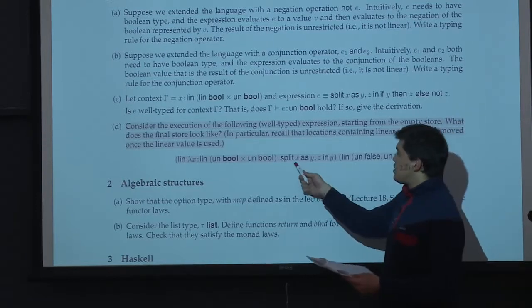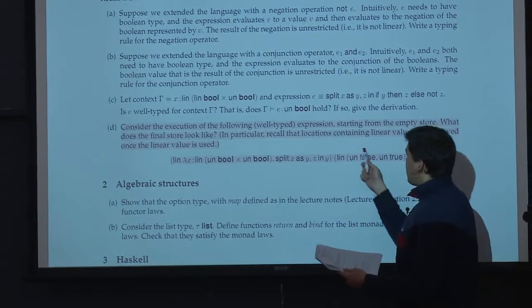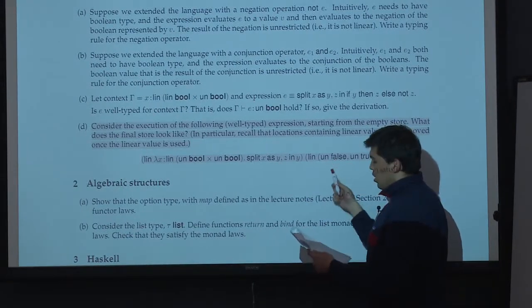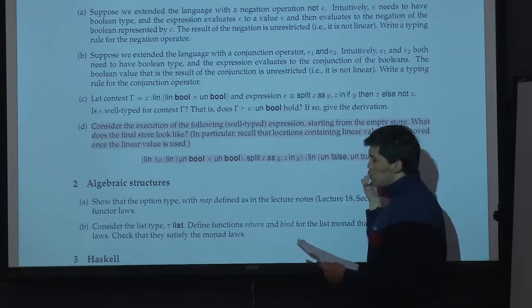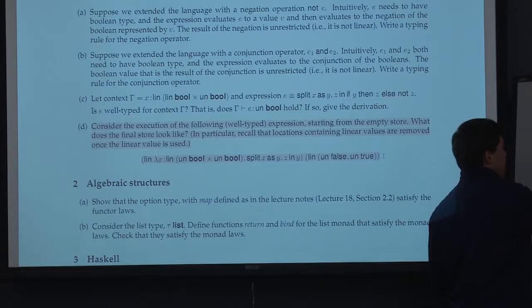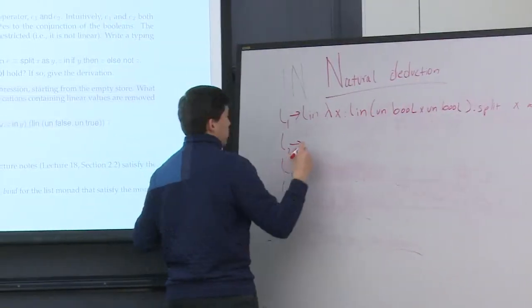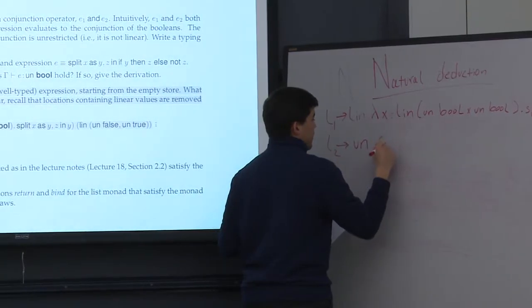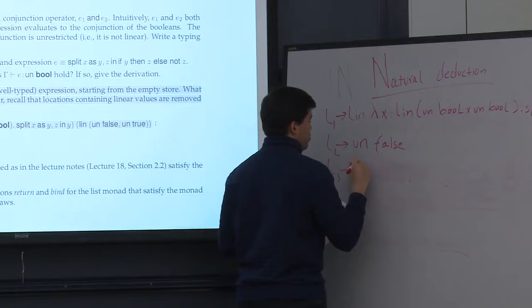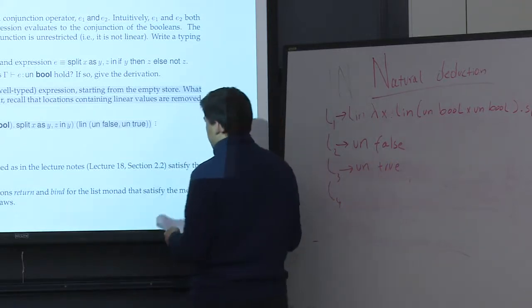So as we are asked to split x into y and z, we care about y and z here, where y will be unfalse and z will be untrue. So we'll be storing these two elements as well. So for y, we'll be storing unfalse. And for z, we'll be storing untrue, because we're going through the split statement right now.